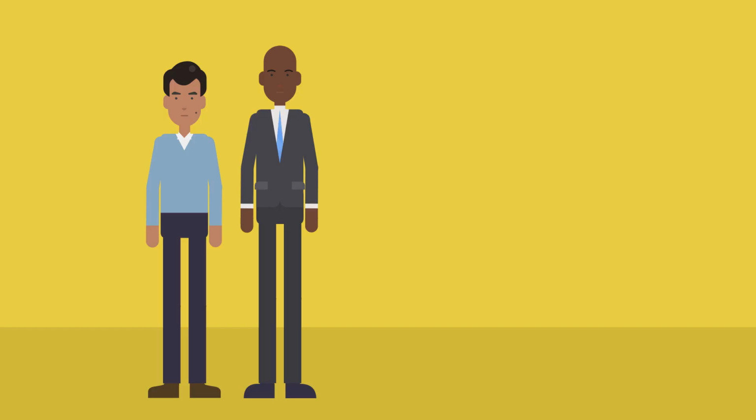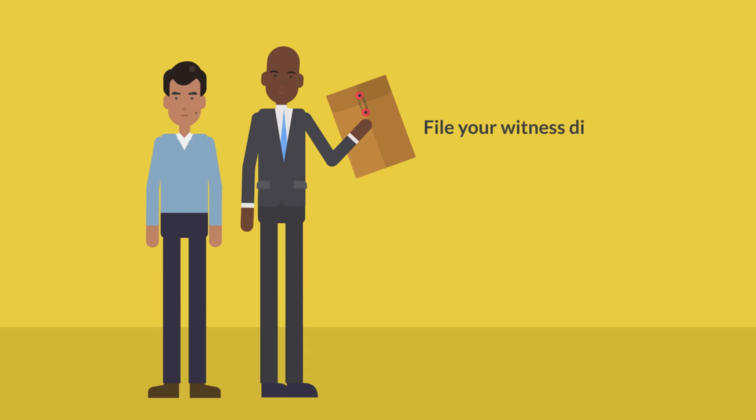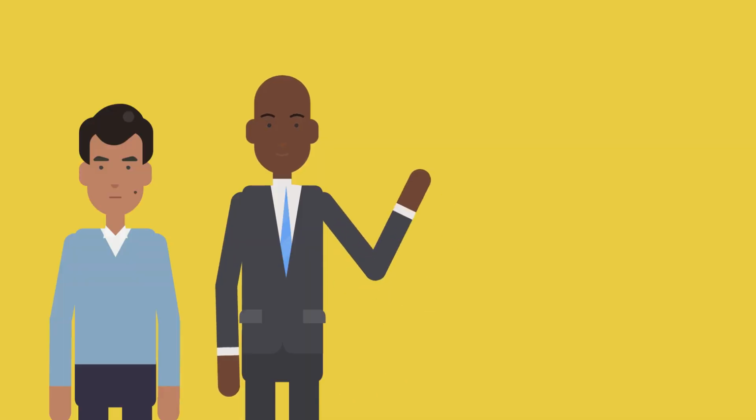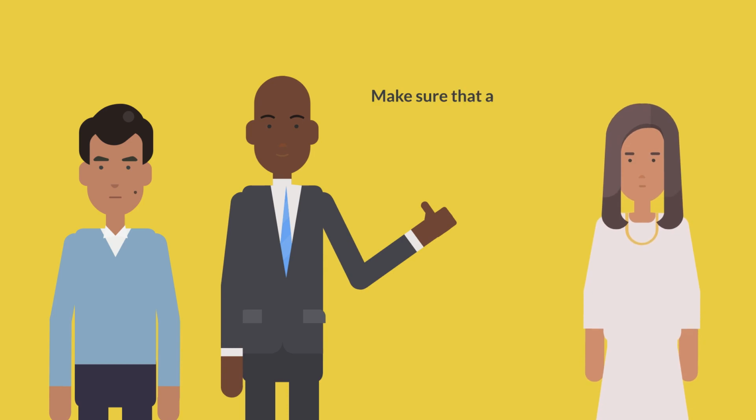So that means that parties will want to be certain that they are filing their witness disclosures, both lay and expert witnesses, as defined in their case management orders. And then also, in addition to that, parties will want to make sure that any expert testimony has a foundation as to their basis.